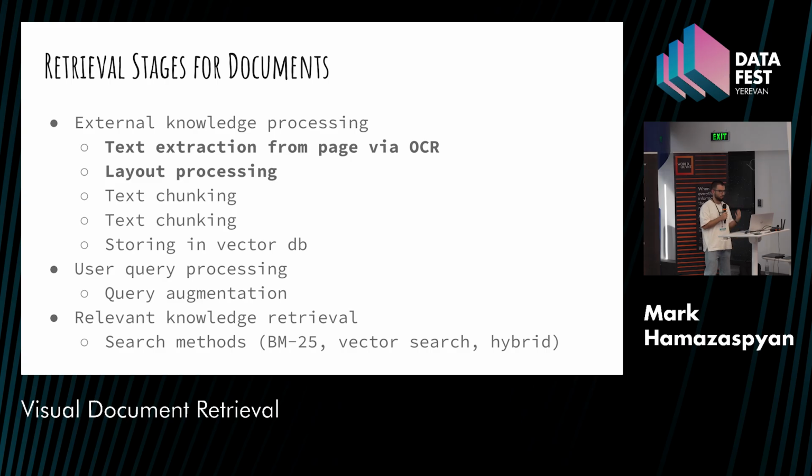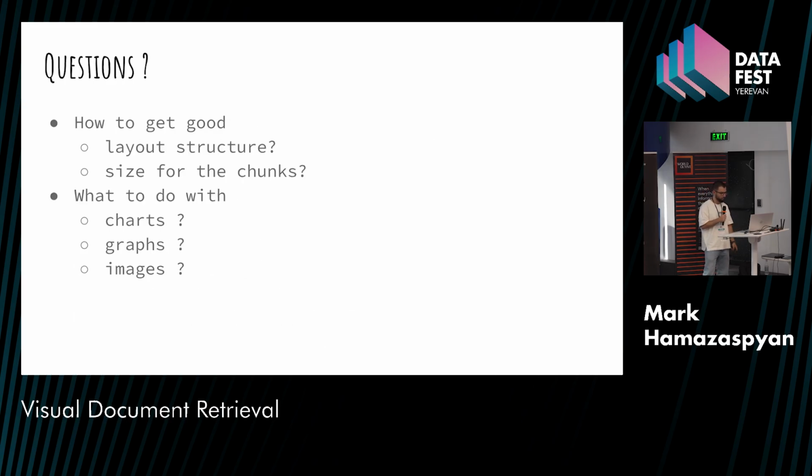We run OCR, and then we get this text. Maybe we need to do some layout processing, maybe we need to make it more beautiful for the LLM to understand. We do text chunking, we store all of this in the DB, and the rest is the same.